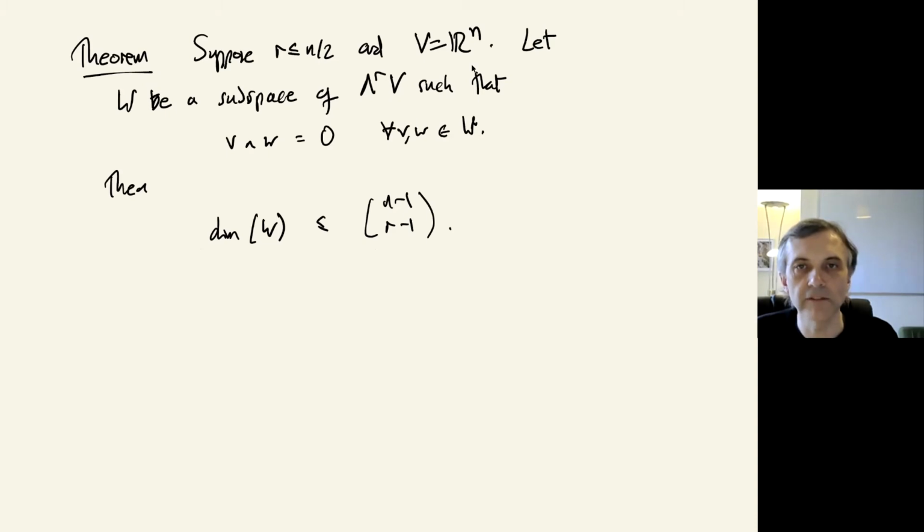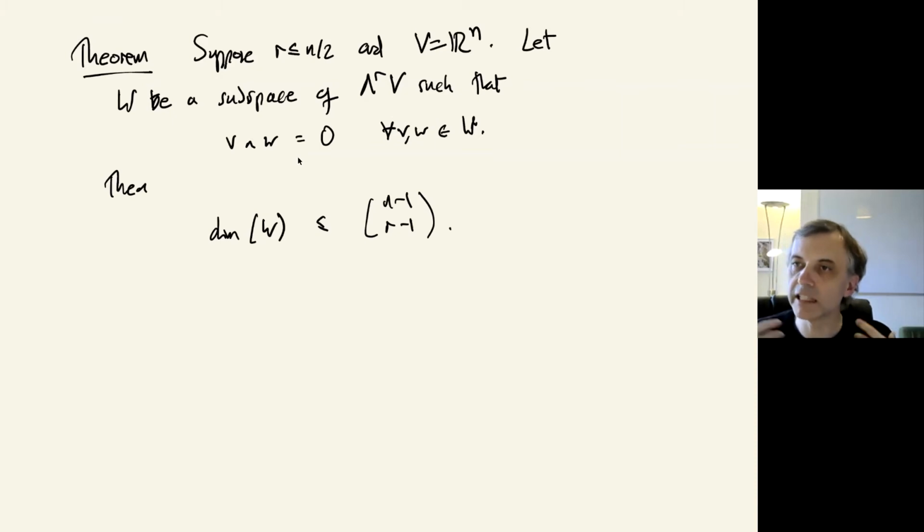So suppose, again, our vector space V is R^n, and r is at most n over 2. Suppose we have some subspace of the rth exterior power so that every pair of vectors has wedge product 0. Okay, totally straightforward, basic question. So this is a warm-up result. What dimension could that subspace have?